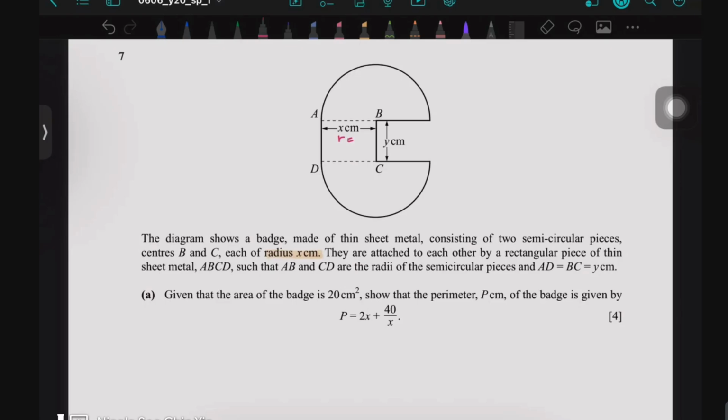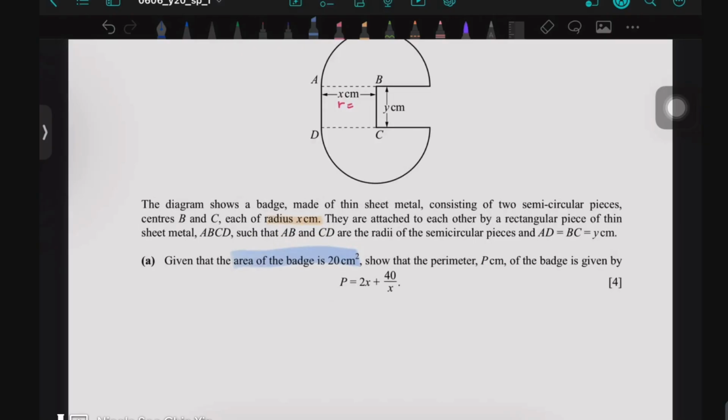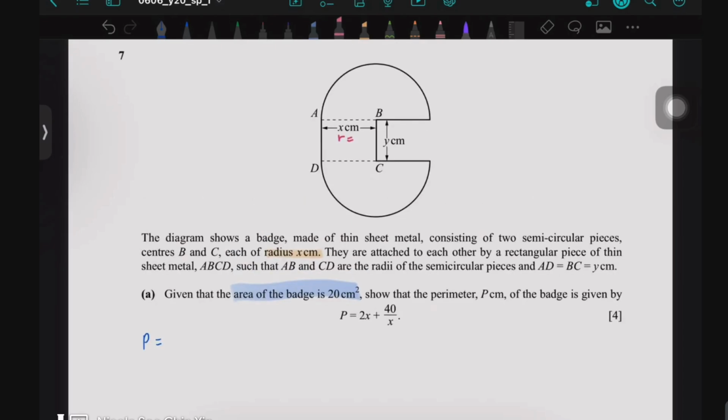Now look at the question. They say the area of the badge is 20. Find the perimeter of the badge given with this equation. When they give you all this information in part A, there must be something to do with it. First of all, you look at the perimeter. When you want to find the perimeter of the diagram, you will get P equals to the semicircles. They are actually the same, just separated into two parts.